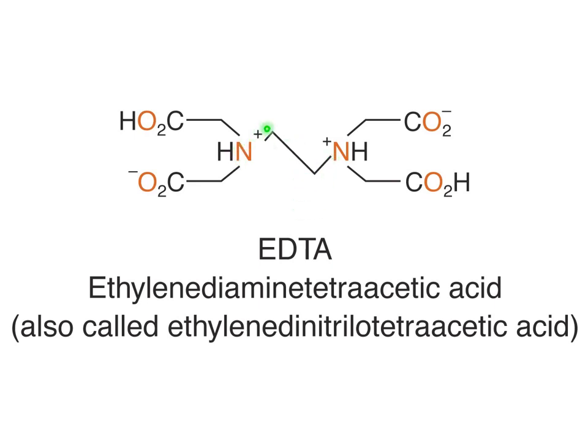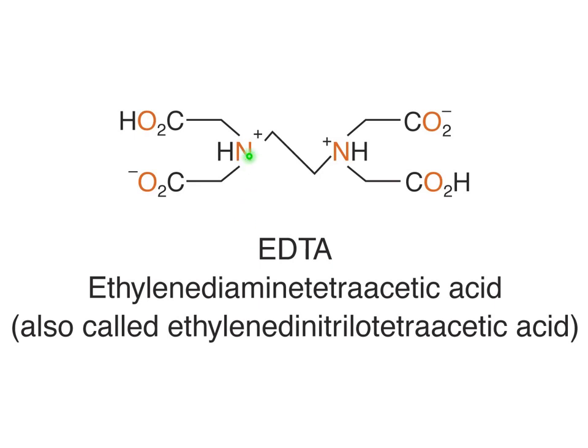What is special with this molecule? As you know, there are plenty of different complex compounds. They have very different stability, very different compositions. But EDTA occupies a very unusual position in this area.